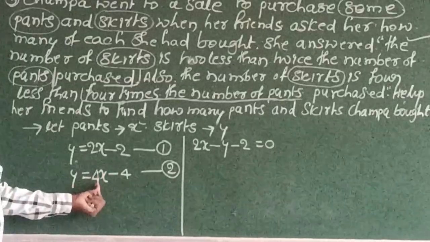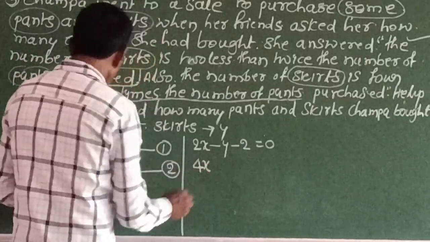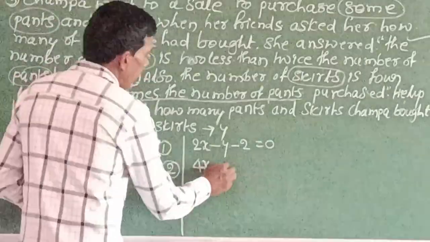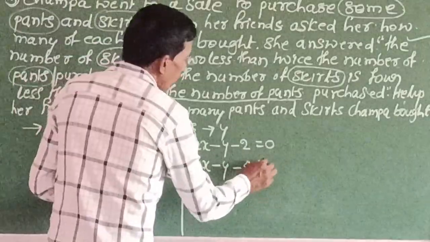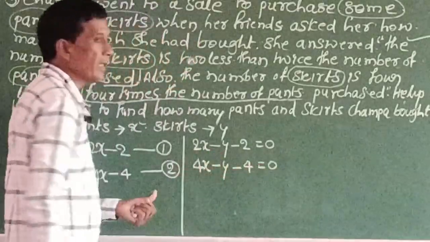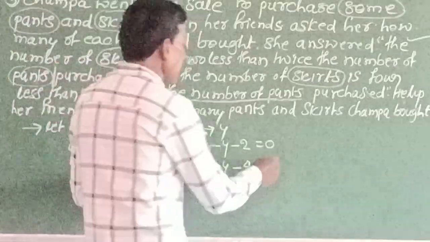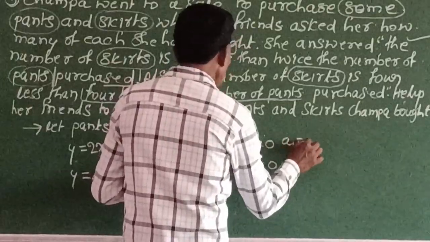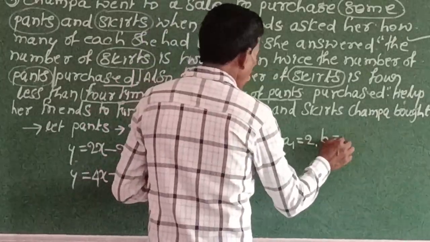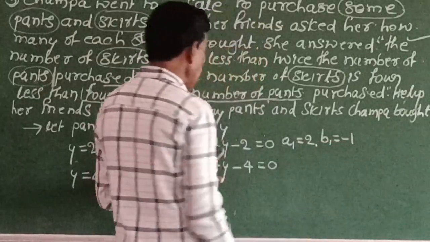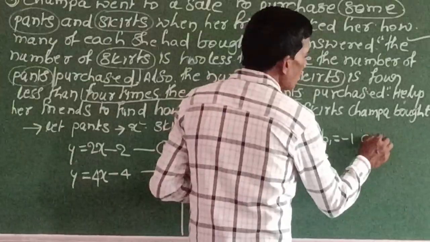So the second one is 4x plus y, so minus y, and minus 4 equal to 0. Yes, now you have two equations. For the first one, a1 equal to 2 and b1 equal to minus 1, c1 equal to minus 2.